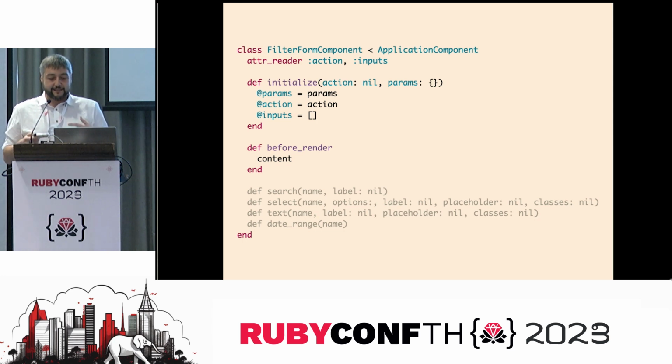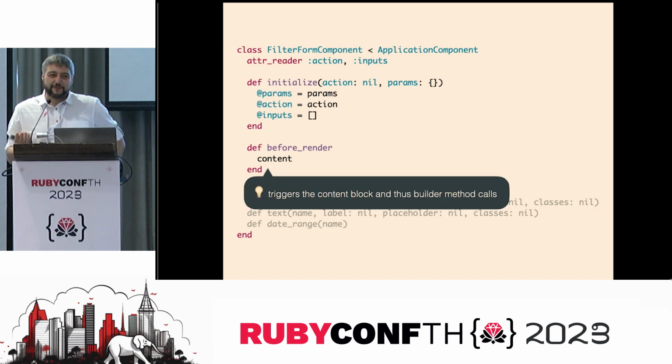I use this hack because the content block is executed in two cases: when you use the content or when you have slots. If you don't have either of those, the block is not executed, and if the block is not executed, you cannot have these DSL-like builders.